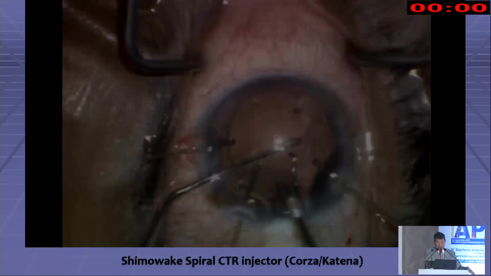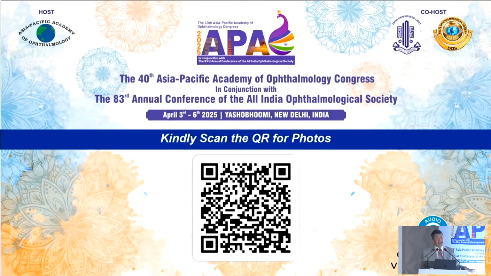You can purchase it and put your name on and order it, but it's not actually yet available in India. And in the United States, it only kind of became available in December, January for orders. But I use this on every case now with a CTR. It's so slick, and it's such a neat idea.